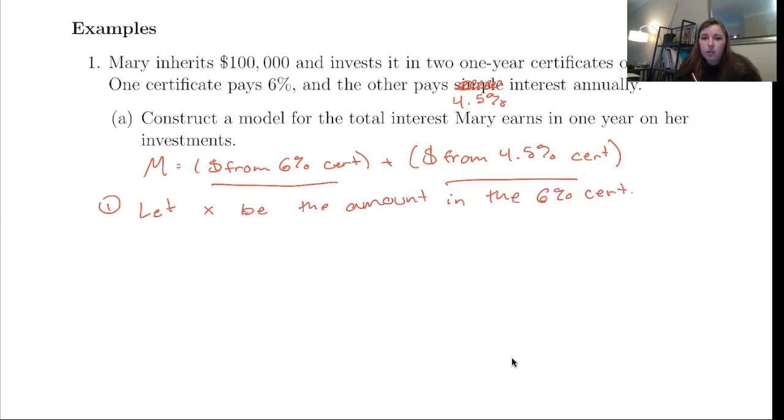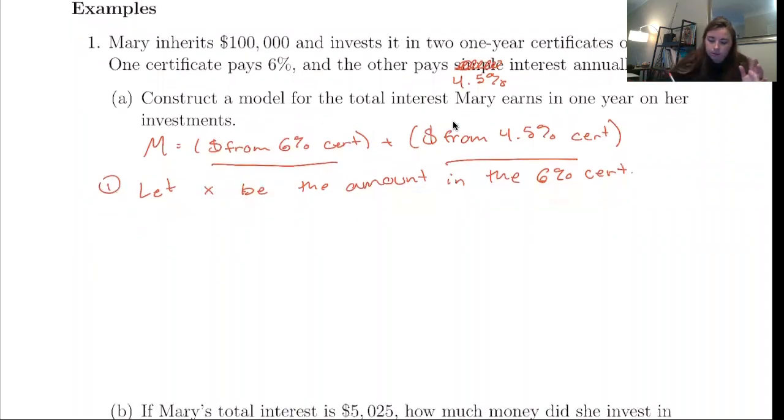I wrote simple in the problem, I don't know why that was in the book, but it was supposed to be 4.5. So one account has 6% interest, meaning if I put $100 in, I'll get $6 back out. And if I put $100 into the 4.5%, I'll get 4.5 comes out. Okay. So we're going to let X just be the amount in the 6% certificate.